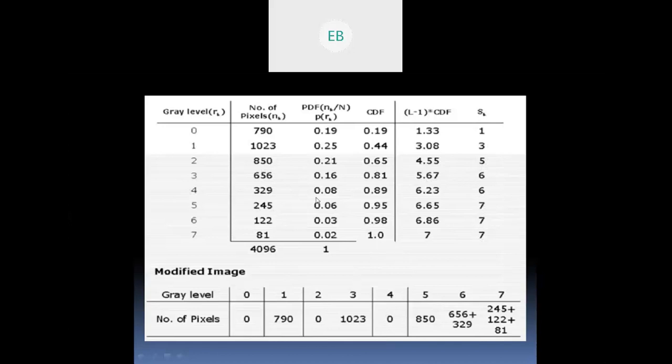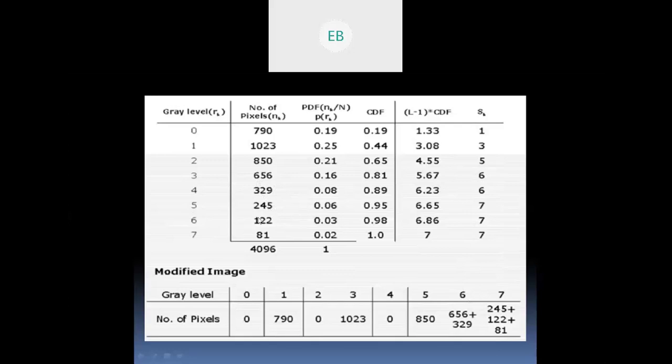Okay, so for 4 it was 329, but here there is no gray level 4, so the number of pixels becomes 0 for 4. Then 850 has shifted to 5. For 5 we had 245 pixels, but that has shifted to 7. Before that, 329 was in gray level 4, but now it has shifted to 6.